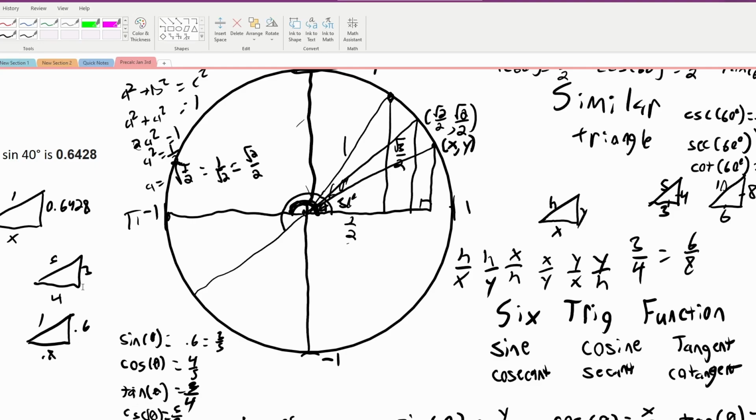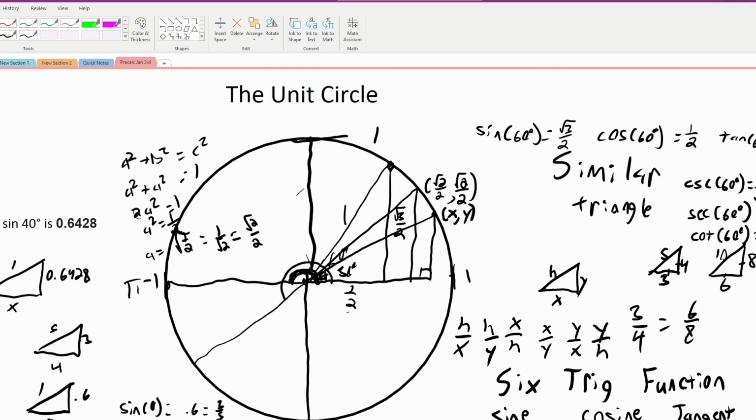So for example, if I just told you that the sine of the angle, but I didn't give you a specific angle, was 3 over 5, just like it is in this triangle, we would know that it has the value of 0.6 for the y, but on the unit circle, there's 2 spots that this could be. So we could have a 0.6 here, but we could also have one here. So we don't know whether the x value is positive or negative.